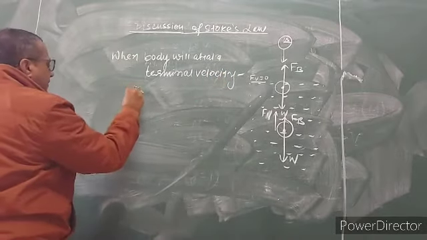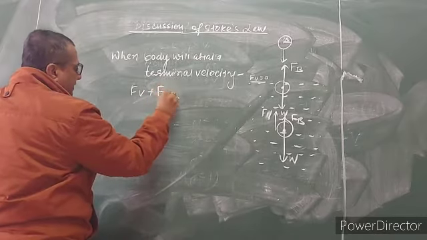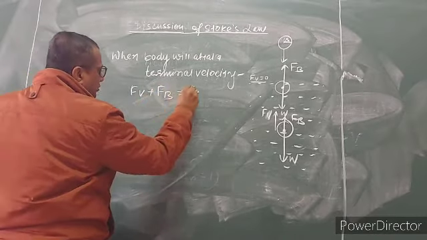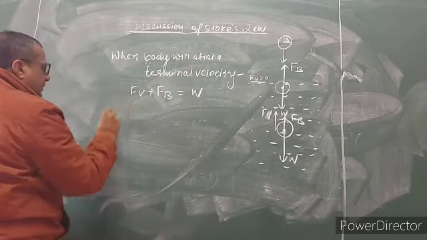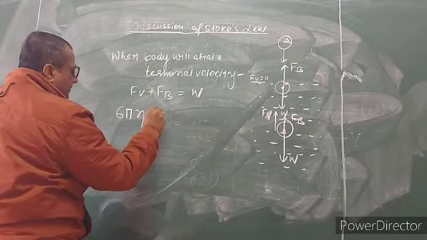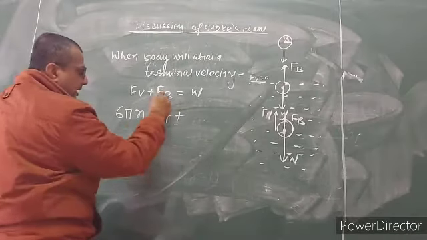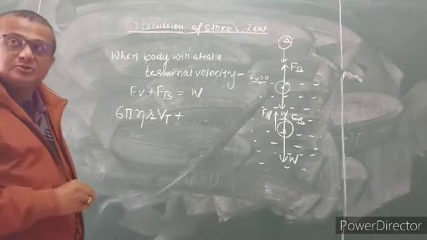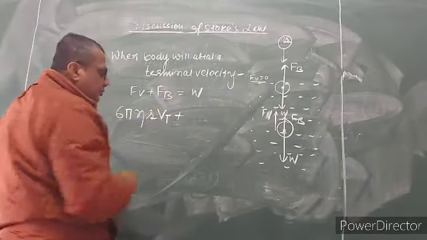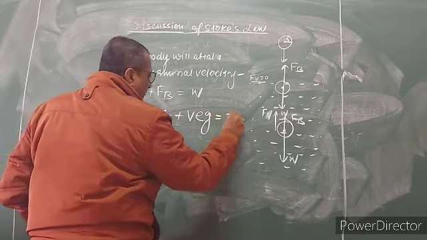then FV plus FB is equal to W. FV is 6 pi eta R Vt, where Vt is the terminal velocity, plus FB, that is the buoyant force. Buoyant force is equal to V rho g, and weight equals mg.